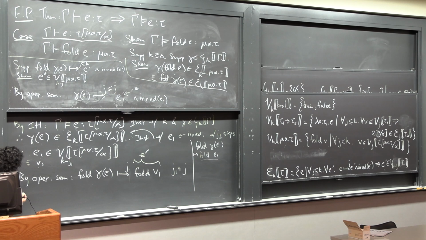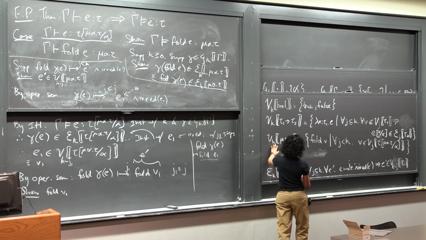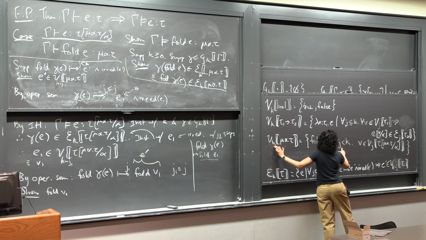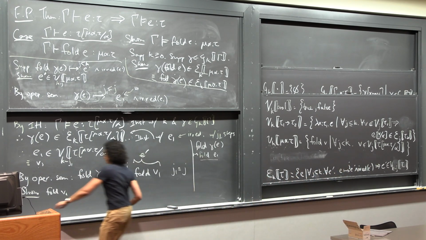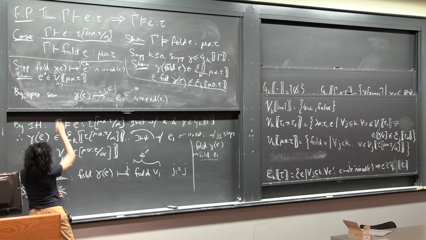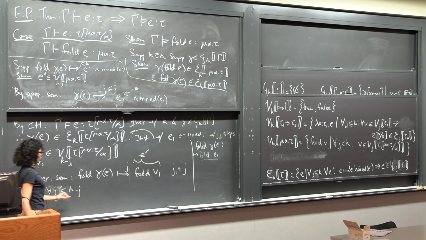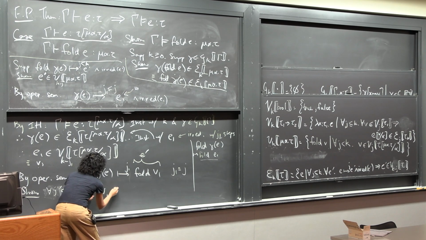Okay, let's write down what we have to show, and then we'll see why we need the property. So now we need to show that fold V1, well, we actually know that already, right? Fold V1 belongs to this for k minus j steps, which means that we need to show that for any arbitrary j prime, strictly less than k minus j, we need to show that the V1 that's sitting under the fold, right?